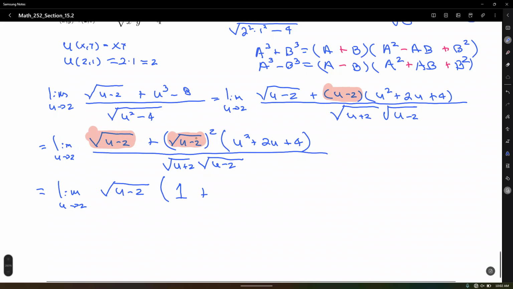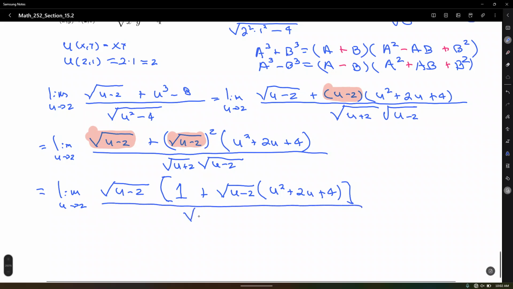One plus one factor of the square root of u minus 2 times u squared plus 2u plus 4. Everything divided by the product of the square root of u plus 2 and the square root of u minus 2.